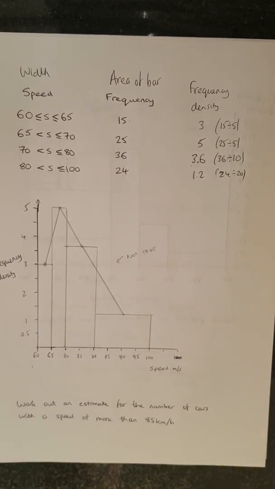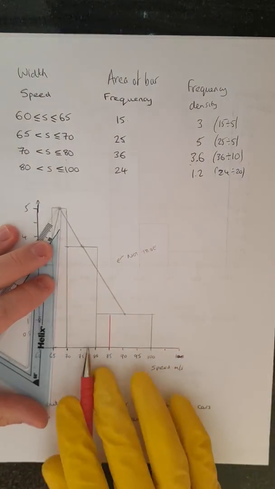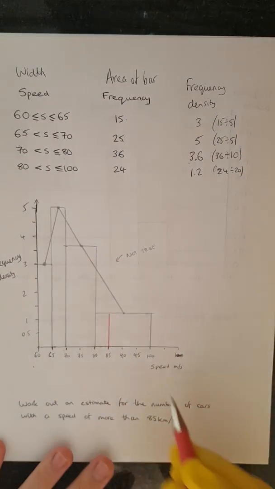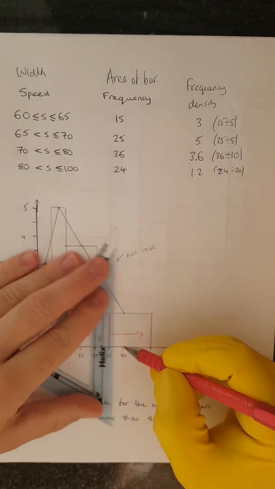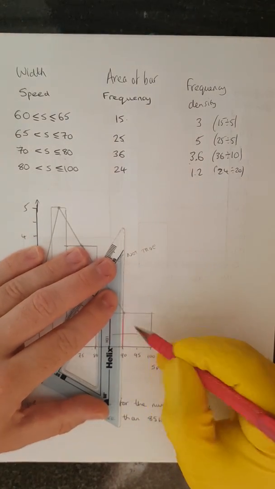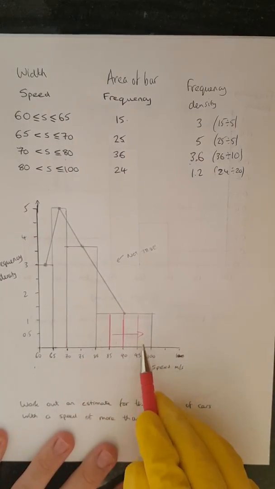Now, work out an estimate for the number of cars with a speed of more than 85. Well, 85 is here. Look at this bar and tell me how much of this bar is more than 85. Well, let's do this. 1, 2, 3, 4.